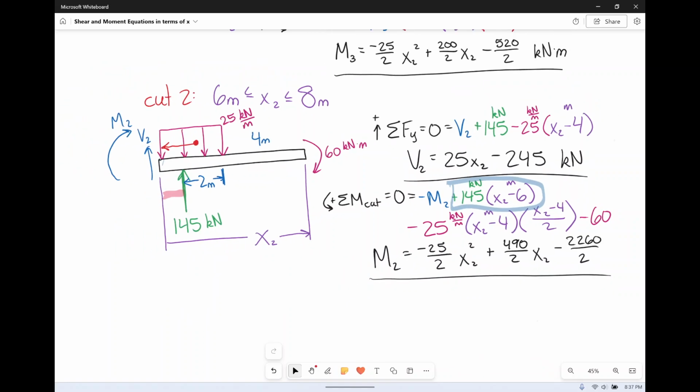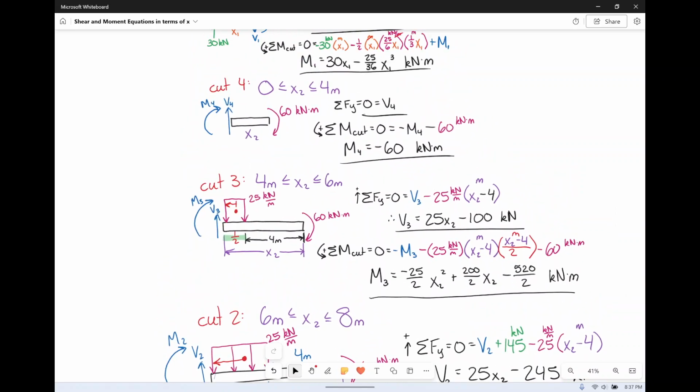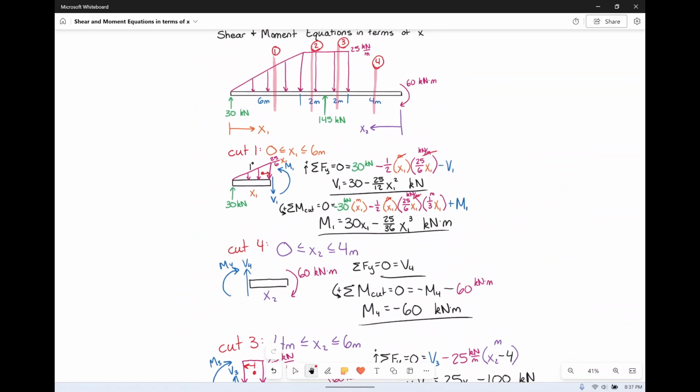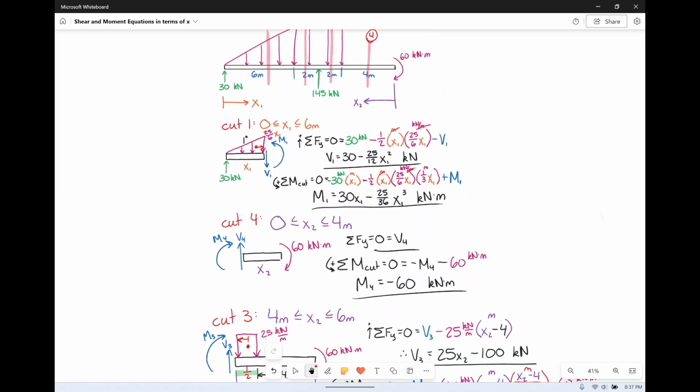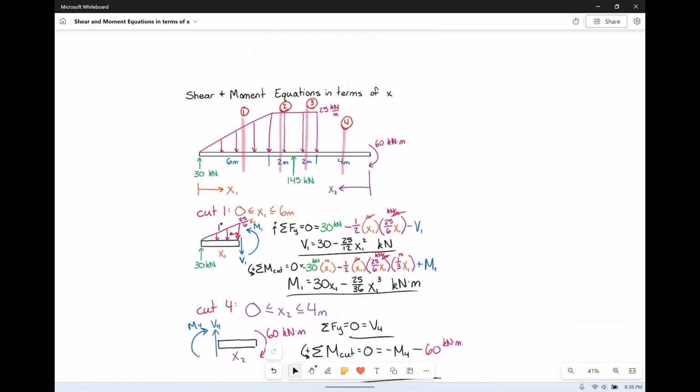So are we done? I mean, technically, we have shear and moment for all 4 cuts. However, are we correct? How do we know if we're correct? How we know is if, when x1 meets x2, are they the same?